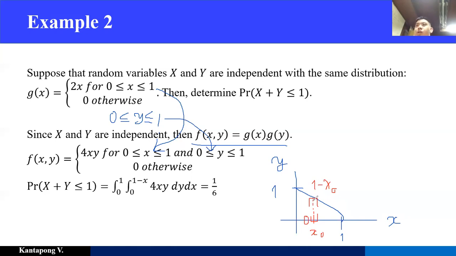That's the region for the x. And for the y, we can say that it's between 0 and 1. So we integrate over x and over y, and we have 1 over 6. I think you are familiar with this kind of picture if you studied, let's say, basic calculus.